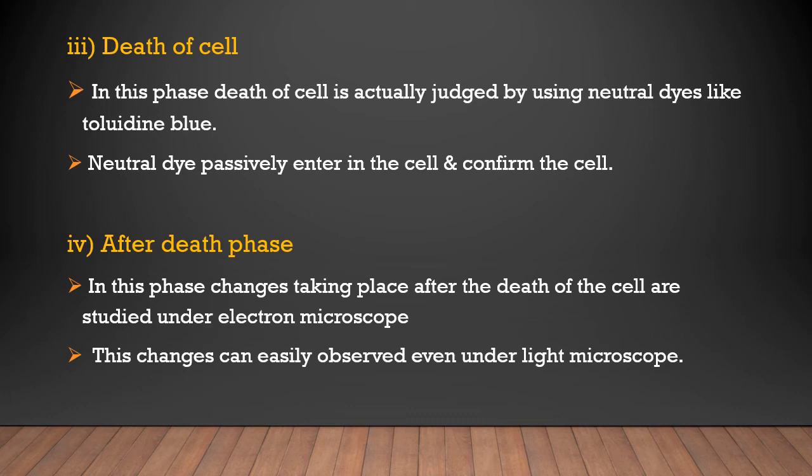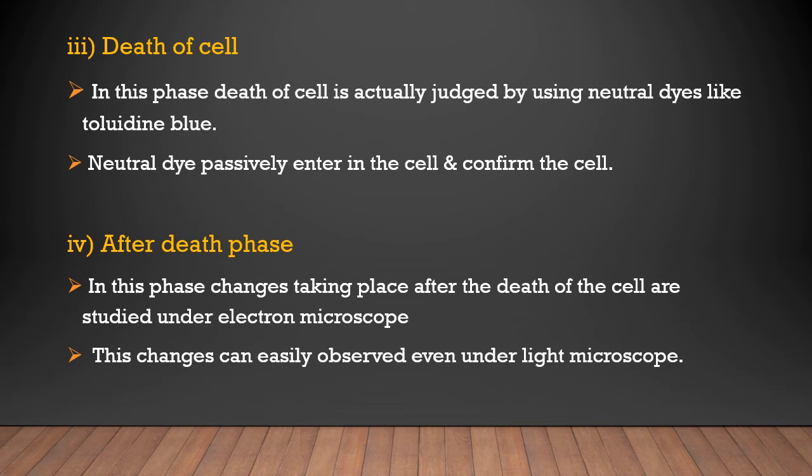The last phase of electron microscopic changes is the after-death phase. In this phase, changes taking place after the death of the cells are studied under the electron microscope, and these changes can easily be observed even under the light microscope.